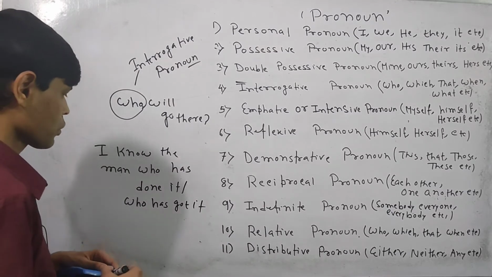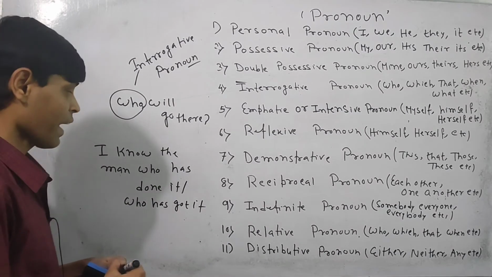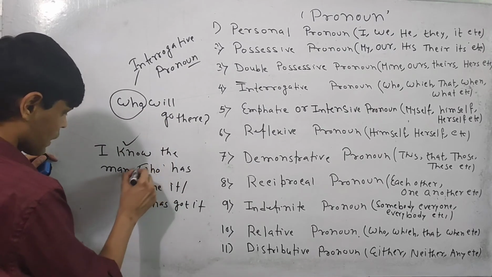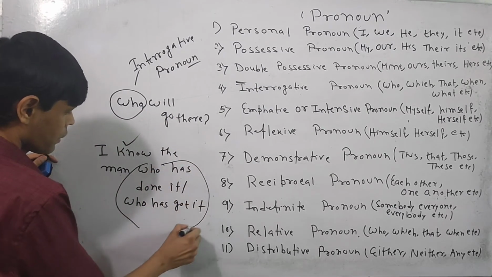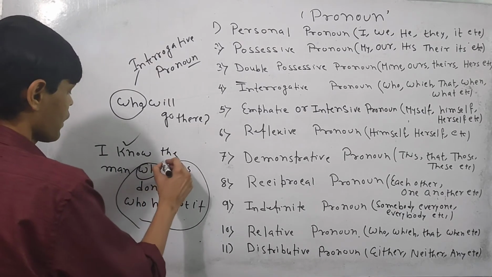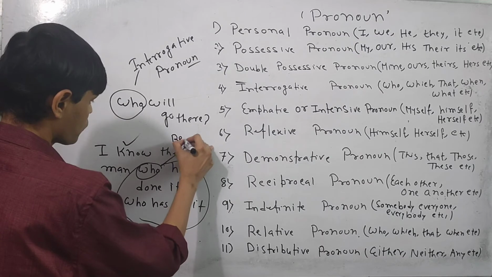Here who is not the interrogative pronoun, as it is the principal clause, it is called the subordinate clause, or it is called the relative clause. In that case, who will function as relative pronoun.